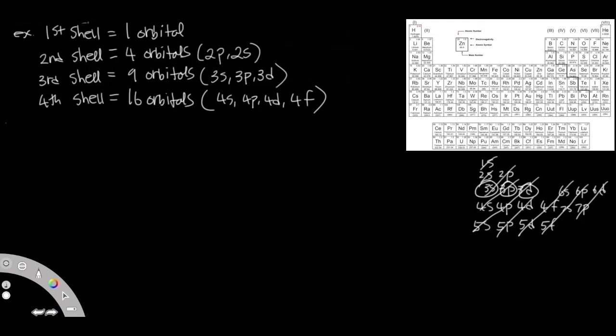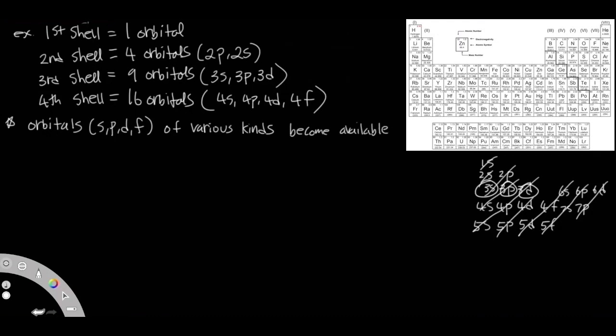So I'm going to just put in here a star. This is also known as the orbitals. So the S, the P's, the D's, the F's that I just mentioned, of various kinds, become available as we go to a shell with higher n.